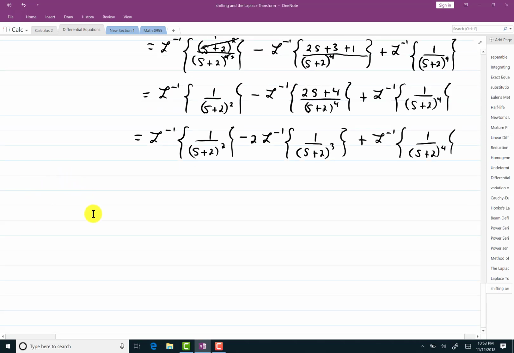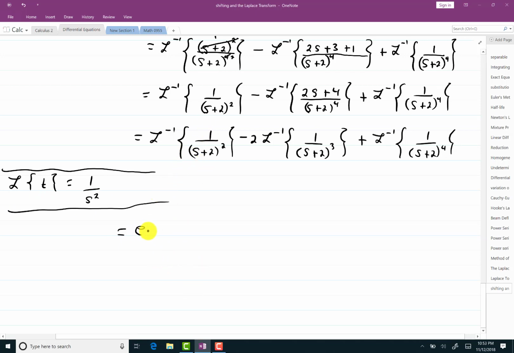Now let me remind you of a few things. The thing that ended up as 1 over s squared was the Laplace transform of t equals 1 over s squared. So this is just a shift to the left 2 units. So this part right here will be e to the negative 2t times t.